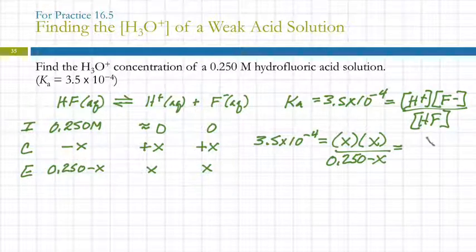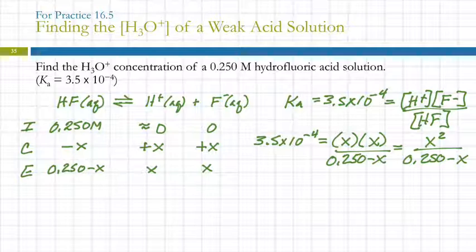So that's the same as x squared over 0.250 minus x. So how do we find out what x is? Solver. That's what I would do. Could we use the x is small approximation? You can always try the x is small approximation, but then you have to check and see if it's going to work or not. I like my solver.